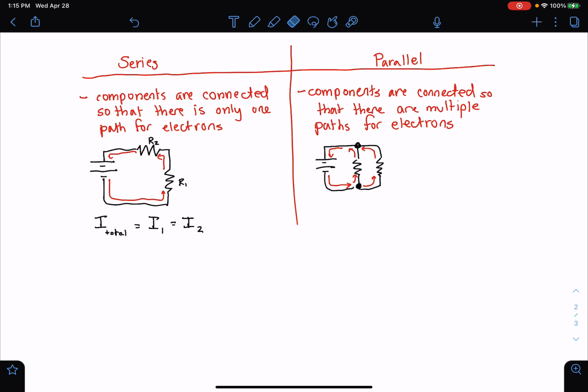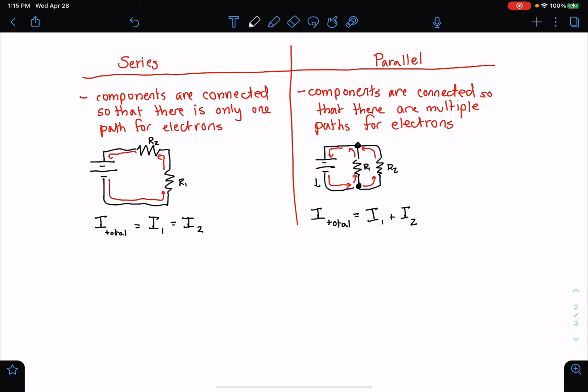Okay, what about a parallel circuit? So in a parallel circuit, the current is going to be split. However, you can't really get rid of current or electrons, so the total current is just going to be equal to, if this is R1 and R2, the sum of both of them, so I1 plus I2.